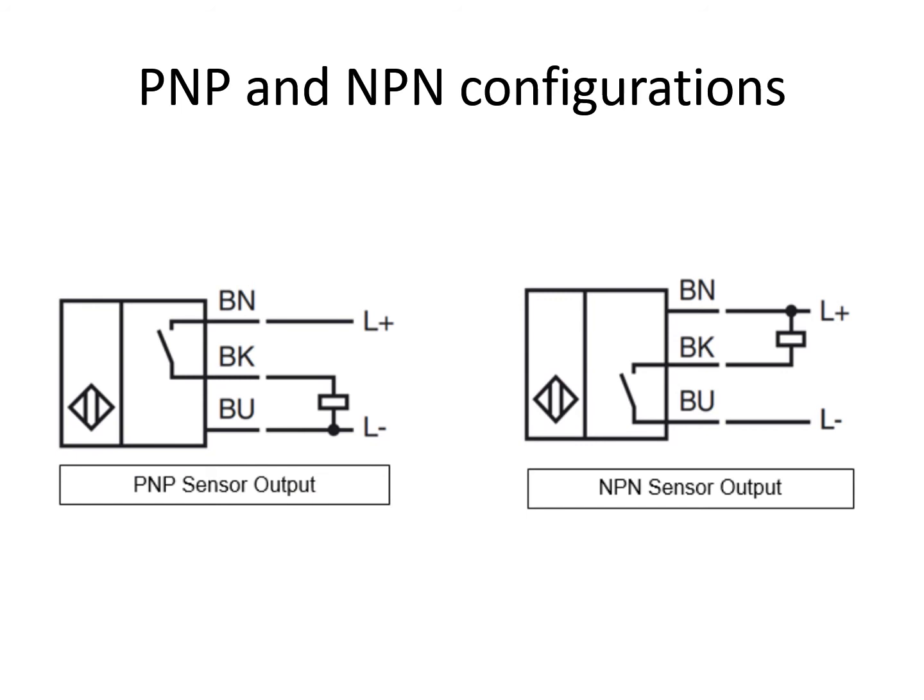Okay, sensors could be either PNP or NPN configuration, meaning current sourcing or current sinking sensors. When we have a PNP sensor, the input module of the PLC should also match the type of the sensor.